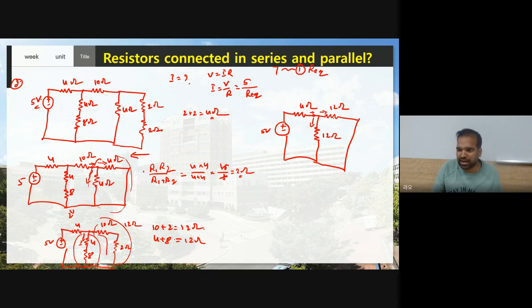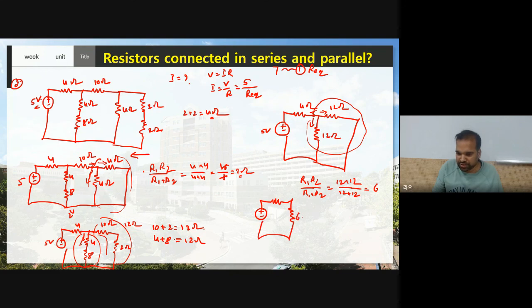So these two elements are connected in parallel. Therefore, R equivalent equals R1 R2 by R1 plus R2. As per this formula, you can write 12 into 12 by 12 plus 12. Yes or no? So you will get 6. Instead of these two resistors, I can replace a single resistor with the value of 6. Now this is 4 ohm and this is 6 ohm. This is 5 volts.